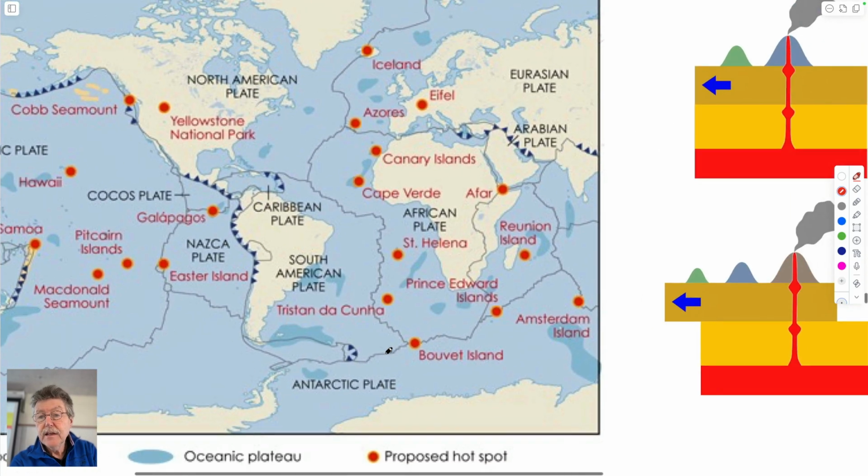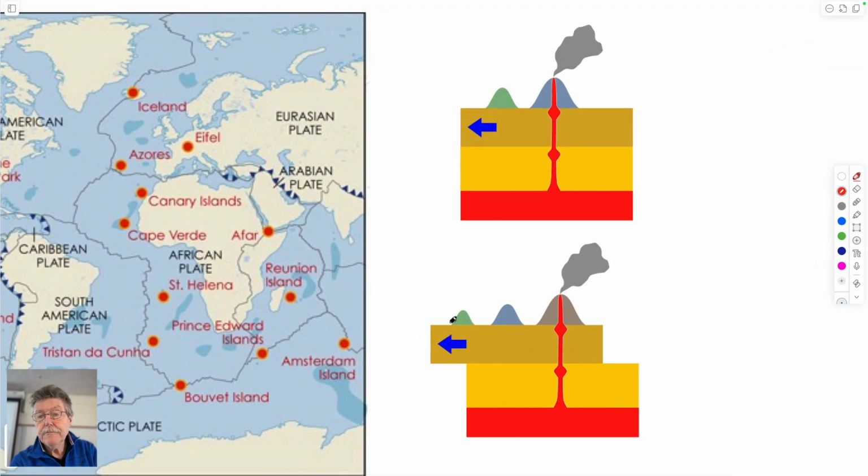The mechanism of these hotspot volcanoes is that a plume of hot magma is present below shallow crust, and as a result of this, it diffuses onto the surface.